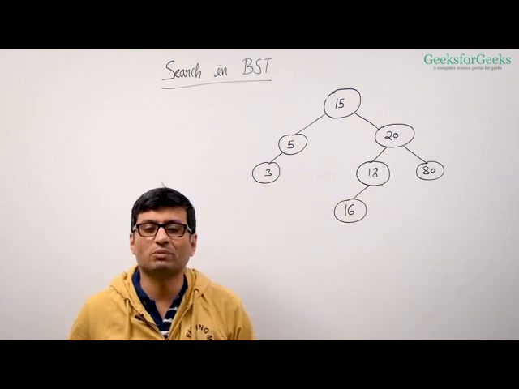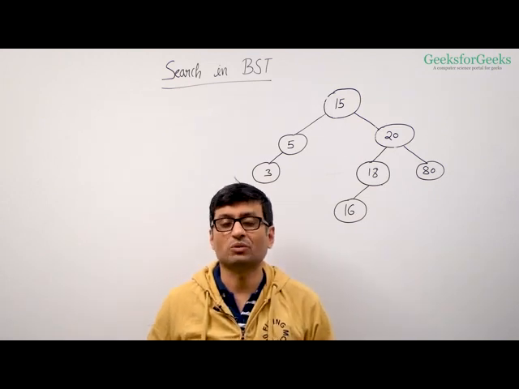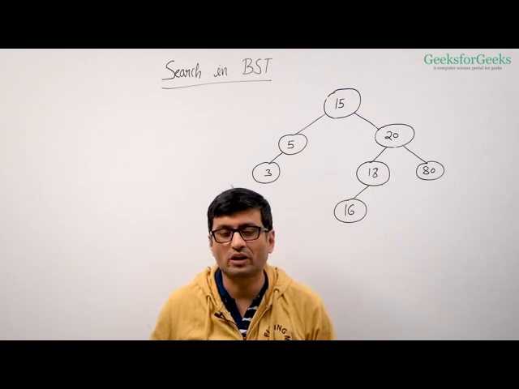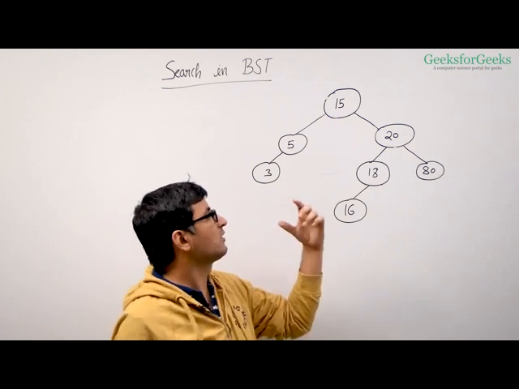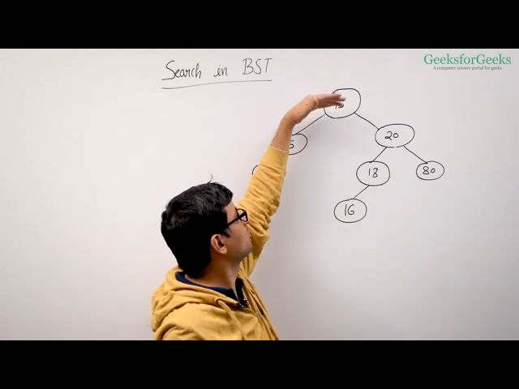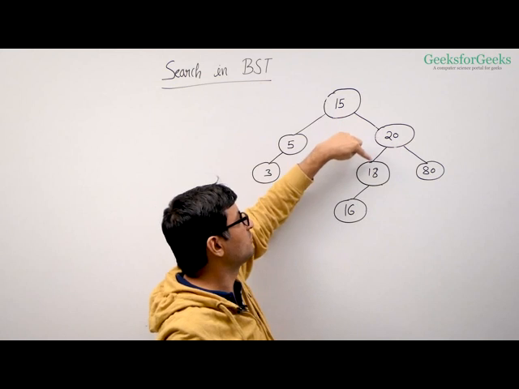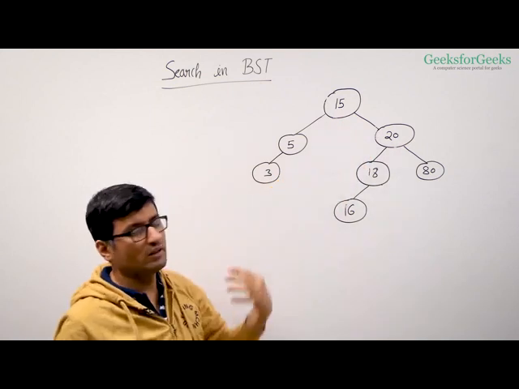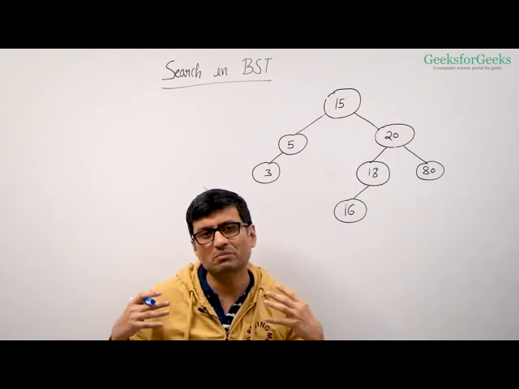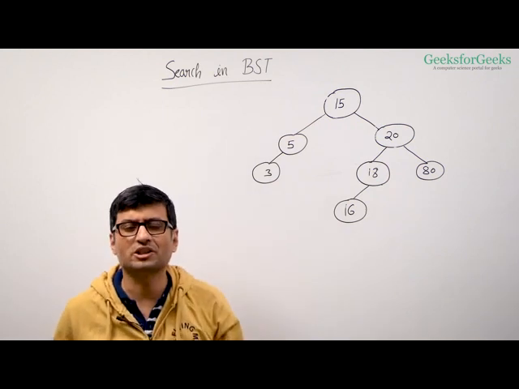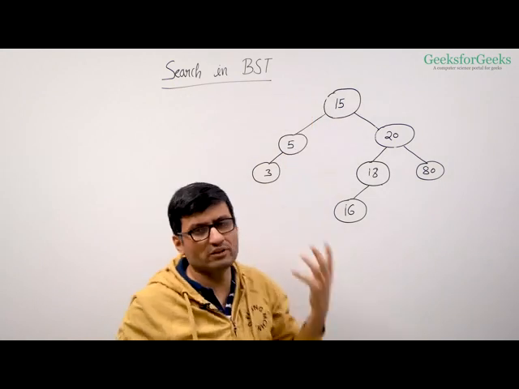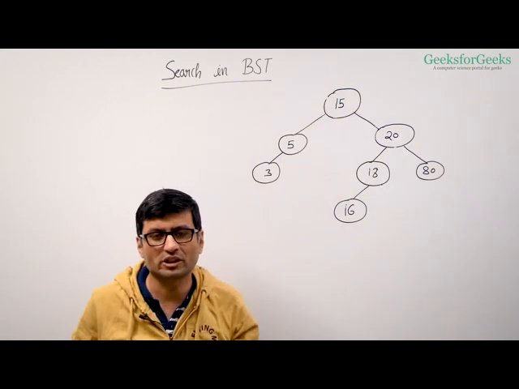We have talked about recursive and iterative implementations of BST search. Now, what is the time complexity of these operations and how much auxiliary space do they require? If you look at this search function, it goes across the height. Suppose you are searching for 16, you will come here, then here, then here, right? That's the maximum time it's going to take. If you're searching for 15, it's present at the root itself, so it just takes constant time.